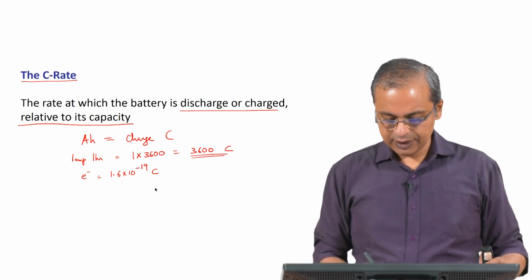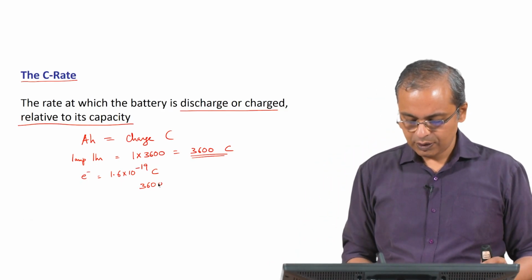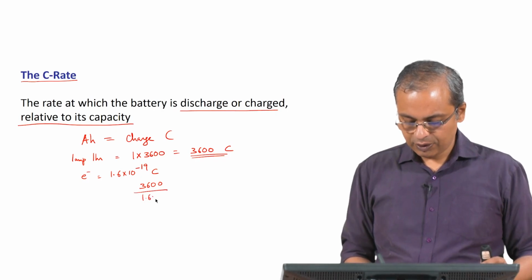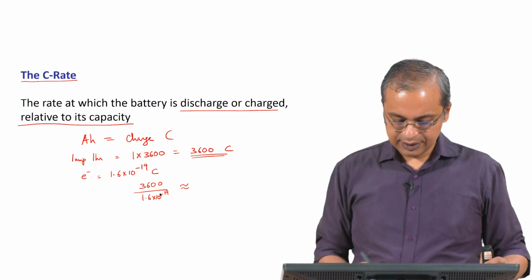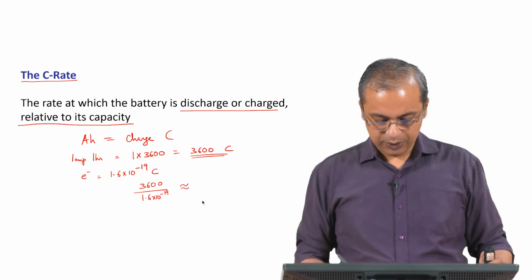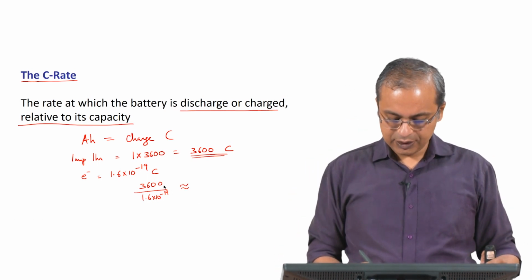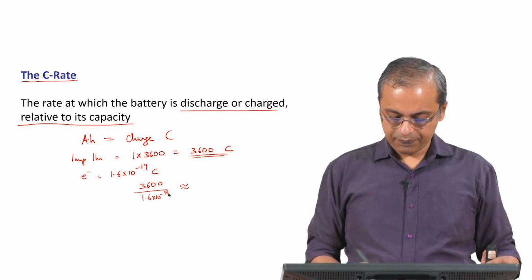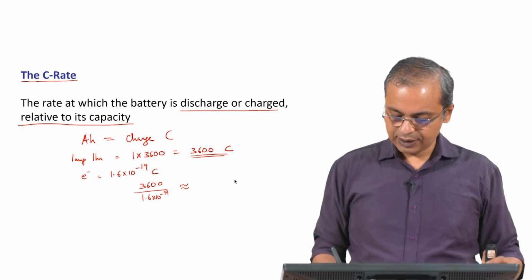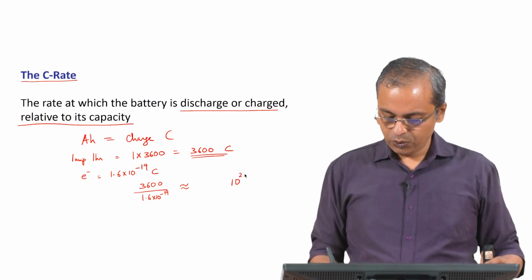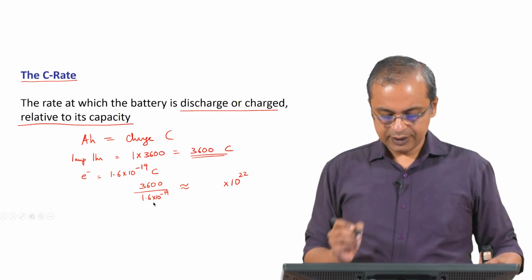It means 3600 coulombs divided by 1.6 into 10 power minus 19. So this is 3.6 into 10 power 3, and 10 power minus 19 will become 10 power plus 19, so this is 10 power 22, 3.6 divided by 1.6.